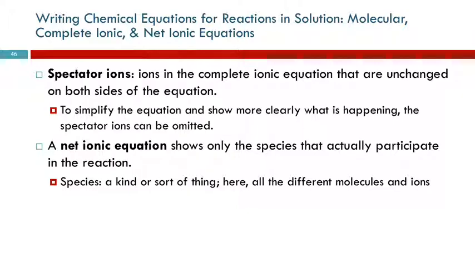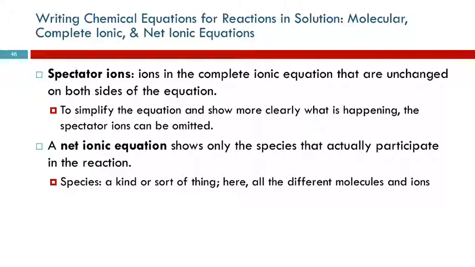When we look at the complete ionic equation, we sometimes see ions that are the same on both sides. We call those spectator ions. They aren't changed. They came to the party, they're watching this reaction going on between silver and chloride or whatever, but they're not participating in it. It's a little bit like going to a boxing match, and you're sitting in the stands and you're watching these two people beat each other up. Personally, I don't see why that's entertaining, but whatever, to each his own.